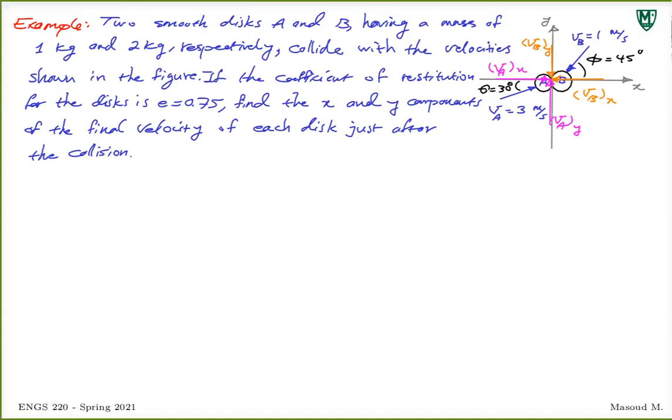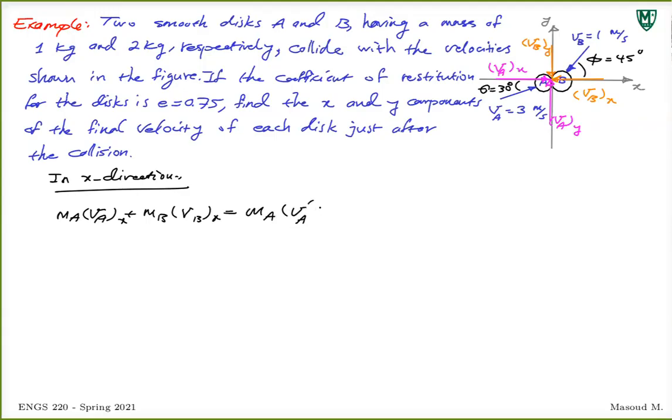All right. So in X direction, I have to put mA VAx plus mB VBx is equal to mA VA prime x plus mB VB prime x.